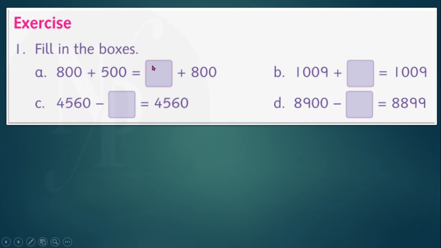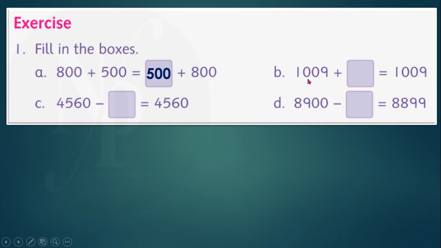So we know that if we change the order of addition, the sum will not change. Since the number is 800 here, the other number must be 500. So therefore, we should fill this box by writing 500.